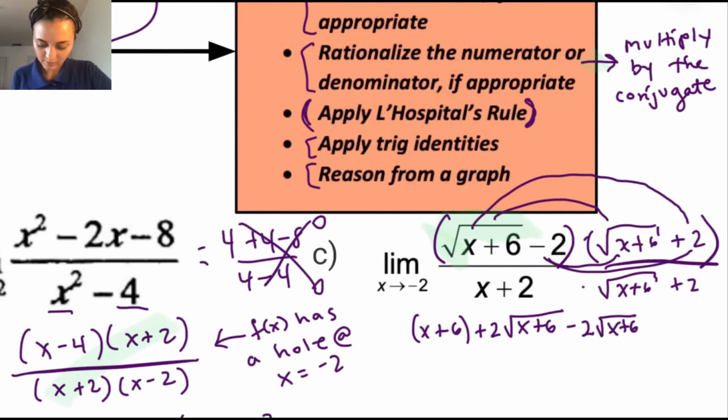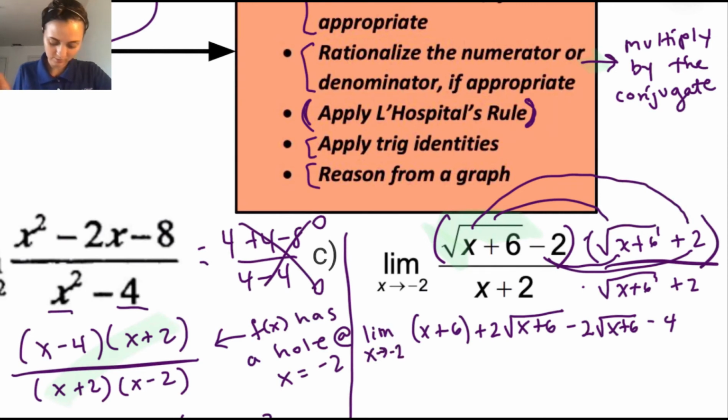And then negative 2 times positive 2 is negative 4. And I'm still taking the limit as x approaches negative 2. Okay? That's like the majority of our algebra.